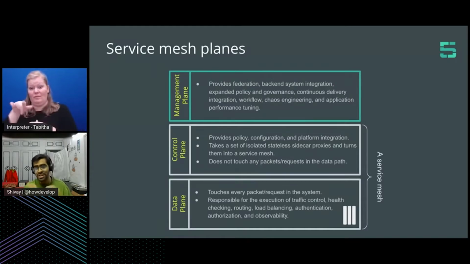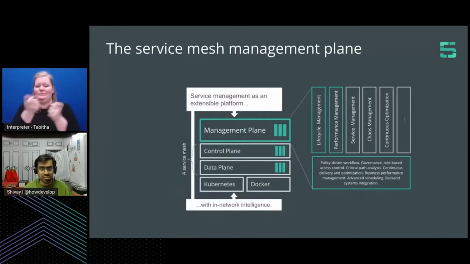And where Meshery actually comes into the picture is that we provide a layer on top of the data plane and the control plane. That's what we have as the management plane, that helps to understand the network capabilities and the traffic management of any service mesh. So just to understand this from a bigger perspective, you can think of the management plane as that wrapper around the service mesh, which allows us to do various things such as lifecycle management of these service meshes, to understand the traffic management, to see how the traffic load on any service mesh might be.